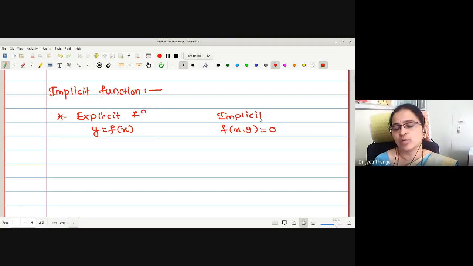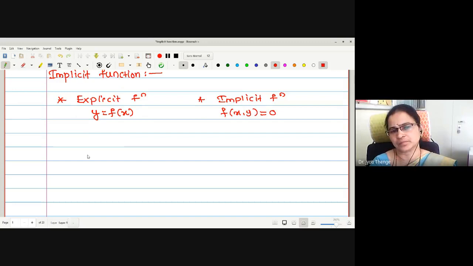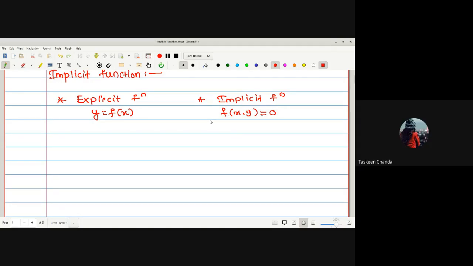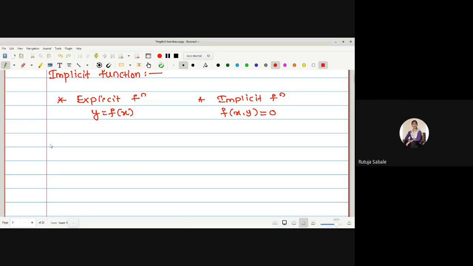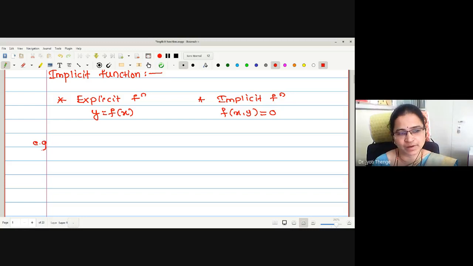Now my next question is, can we convert every implicit function in terms of explicit way? Is everyone sure about this? Whether every implicit is written in terms of explicit? Let me give you one example.